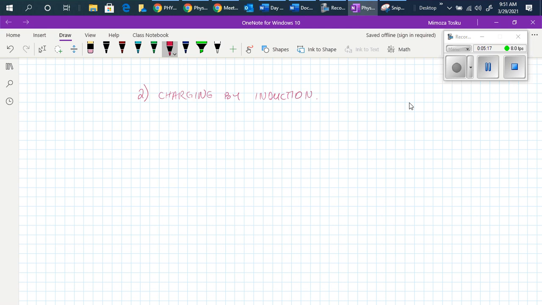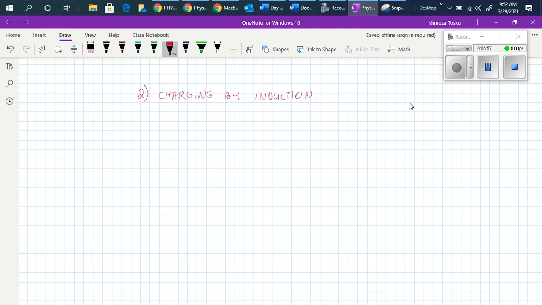In charging by friction, you actually have to rub the fur onto the rod so that the exchange or motion of the electrons happens, making one positively charged and the other negatively charged. But during induction, the two objects are not in contact with each other, but as a result of becoming close to each other, a distribution of the electrons happens.